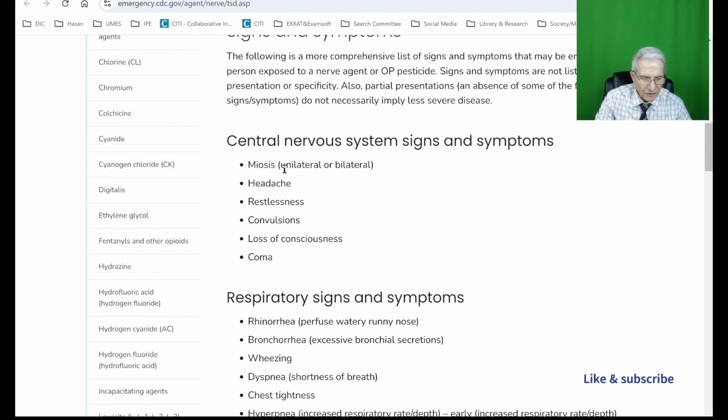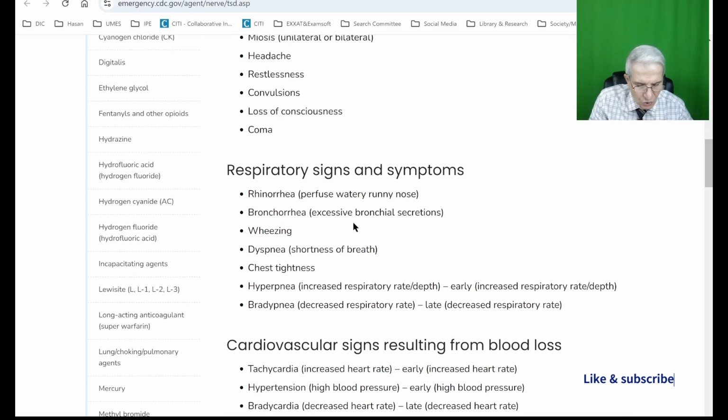The patient may suffer from central nervous system signs and symptoms: miosis, headache, restlessness, confusion, loss of consciousness, coma, and this will be very risky for the patient. The patient may suffer from increased secretions, rhinorrhea, bronchorrhea, dizziness, wheezing, dyspnea, chest tightness.